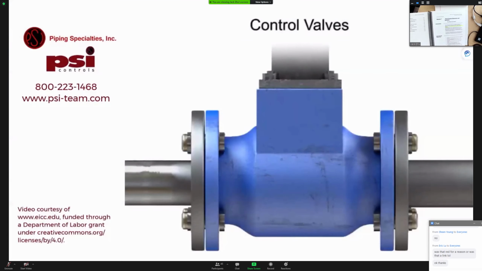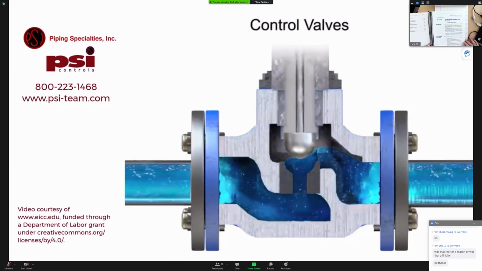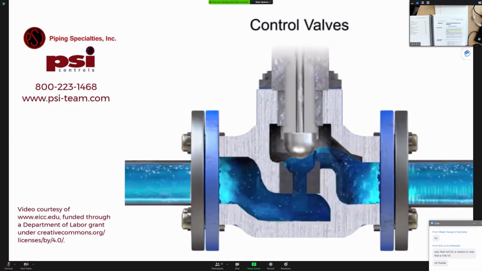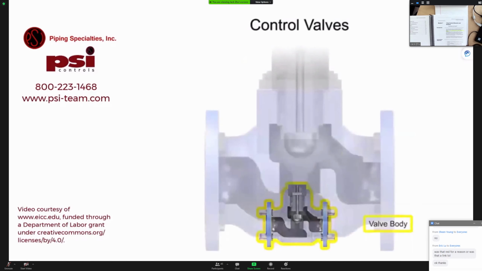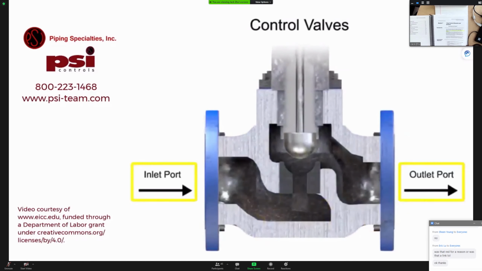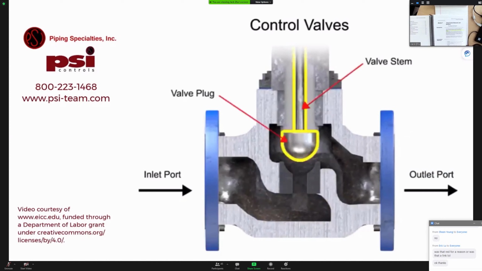Control valve actuators control fluid in a pipe by varying the orifice size through which the fluid flows. Control valves contain two major components, the valve body and the valve actuator. The valve body provides the fluid connections and a movable restrictor comprised of a valve stem and plug that is in contact with the fluid that varies the flow.